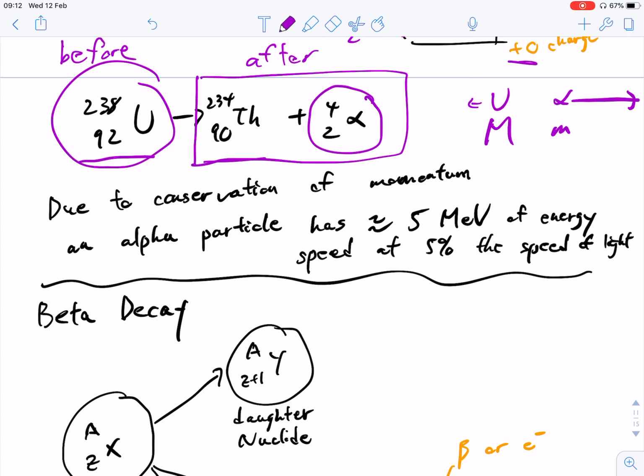And so an alpha particle actually travels at about 5% the speed of light, and it has a range of about 4 to 8 mega electron volts, but most tend to be around 5 mega electron volts.